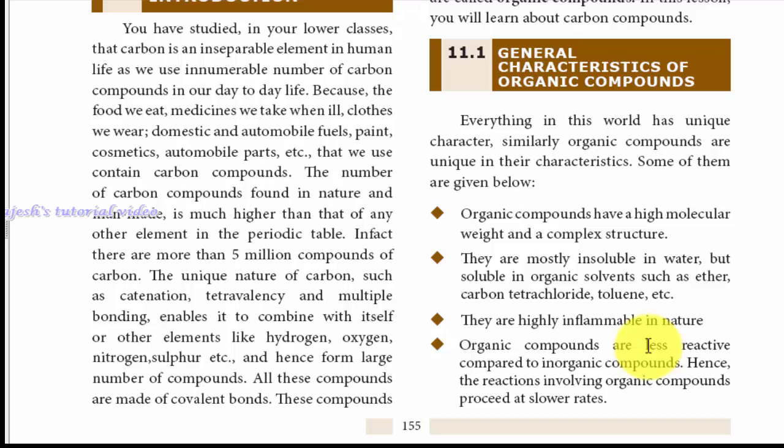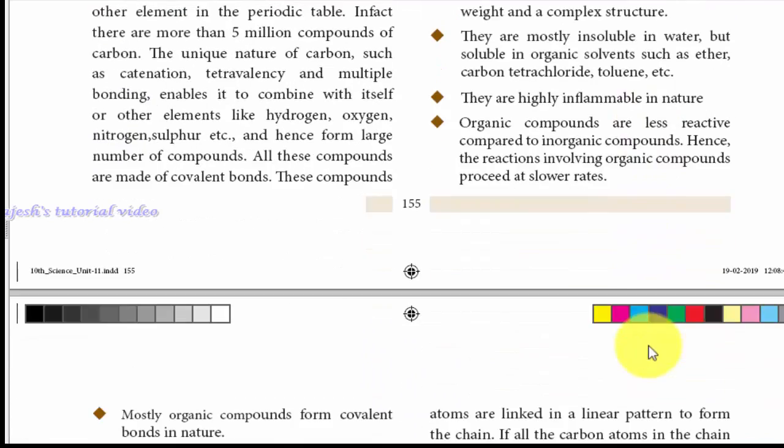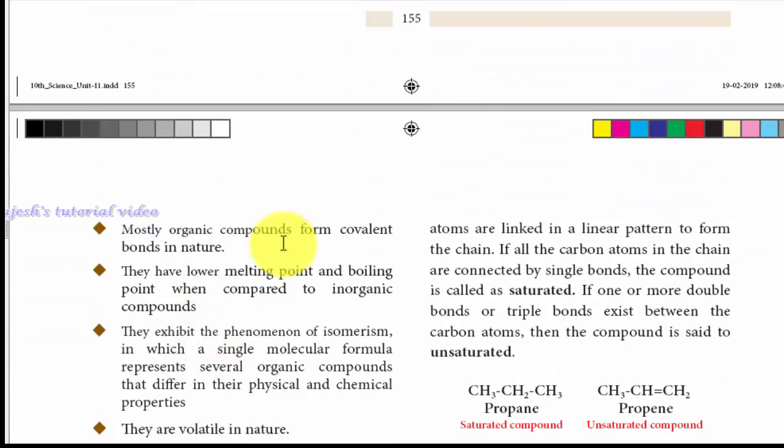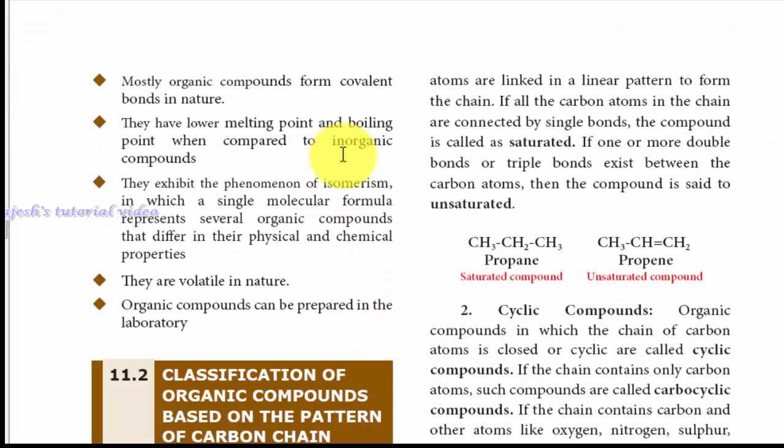Organic compounds mostly form covalent bonds because they involve carbon, which is tetravalent. Organic compounds have low melting and boiling points, and they are volatile in nature, that is, they easily evaporate.